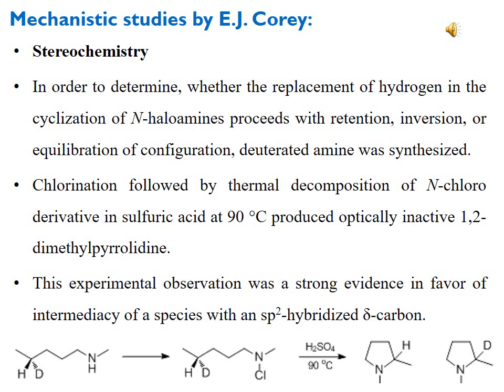Optically inactive means there was the formation of a meso compound. This experimental observation was strong evidence in favor of the intermediacy of a species with an sp2 hybridized gamma carbon.